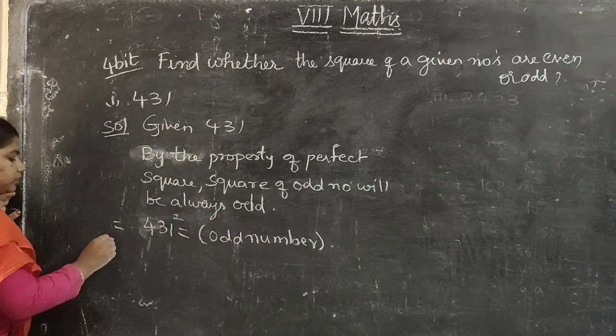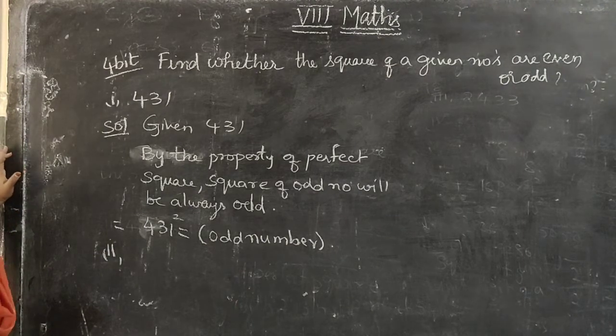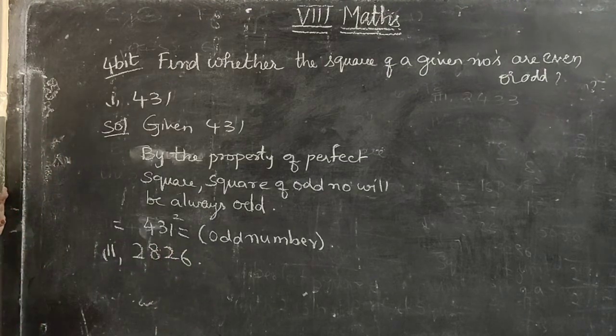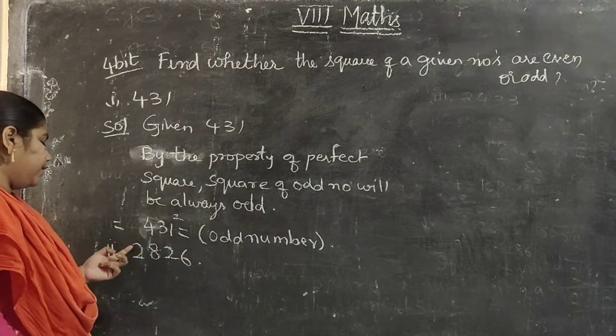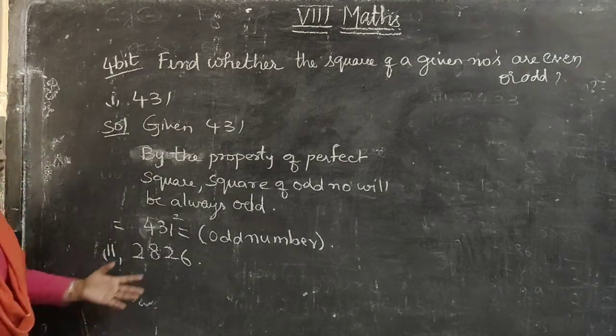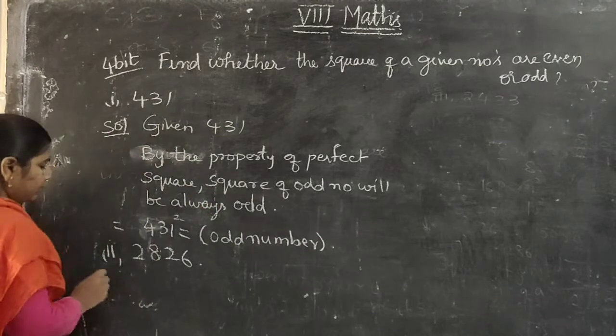Next, the second one is 2826. What is the given number? 2826. The last digit is even, so this 2826 is an even number. So by using the property we can tell that the square of an even number will again be an even number.